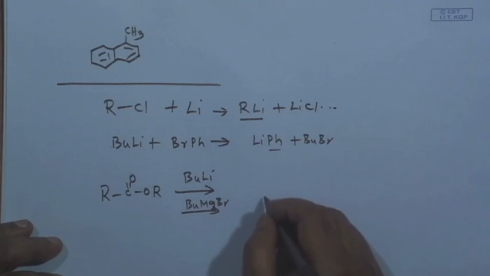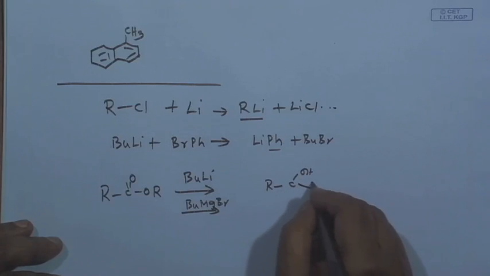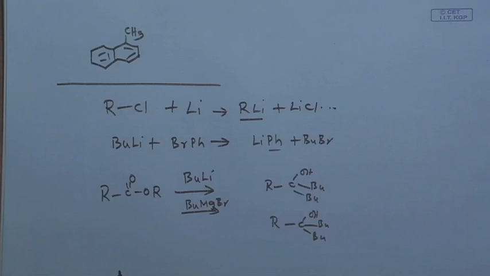If you have excess, what you will get? You will get the corresponding tertiary alcohol, right? Similarly, if you have excess here, you will get the same product, but what you will see is a remarkable difference in the reactivity. Maybe at minus 78 degrees, Grignard would not react, but the corresponding organolithium would react very nicely.